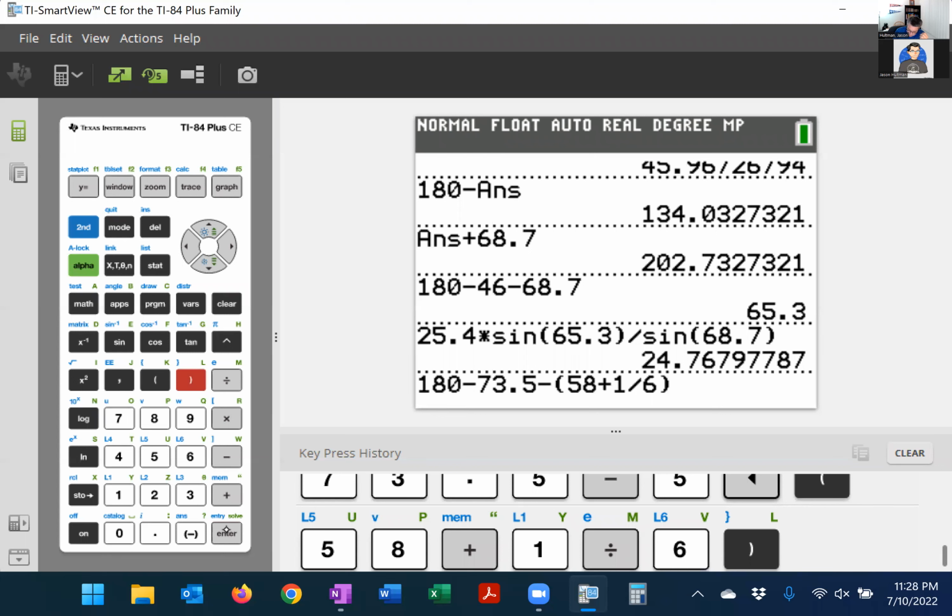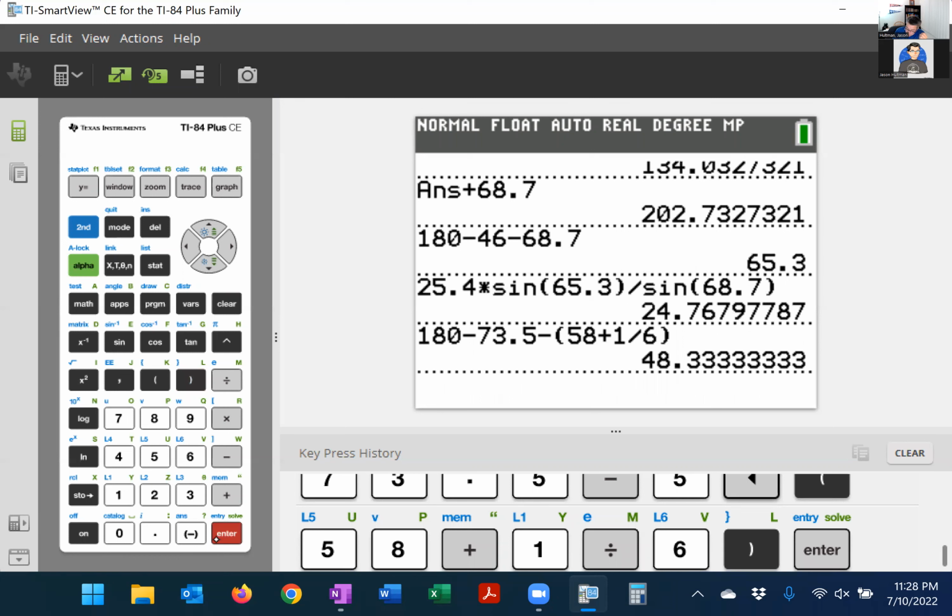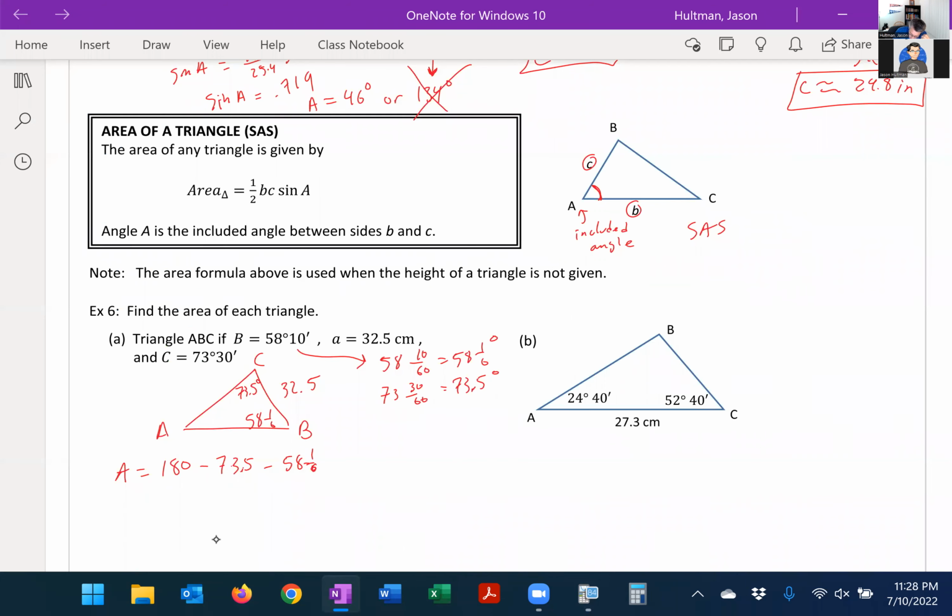But I'm subtracting the whole thing, so I have to subtract both the whole number value and the fraction. And that's 48.3 repeating, which is 48 and 1/3. So this angle A is 48 and 1/3 degrees.